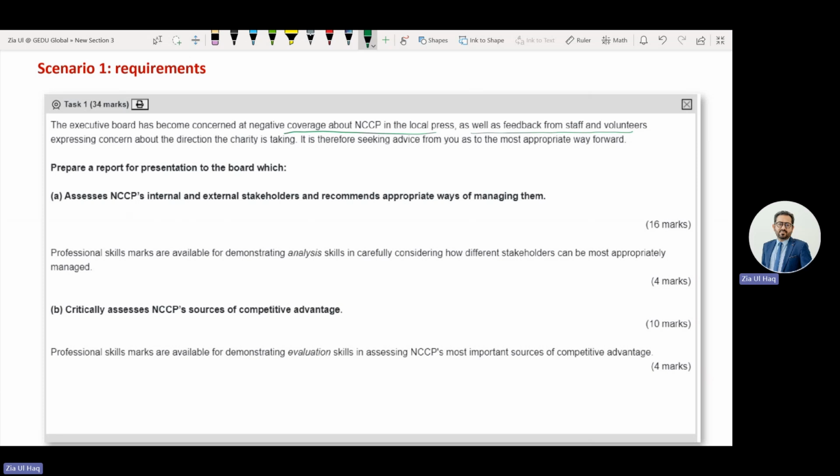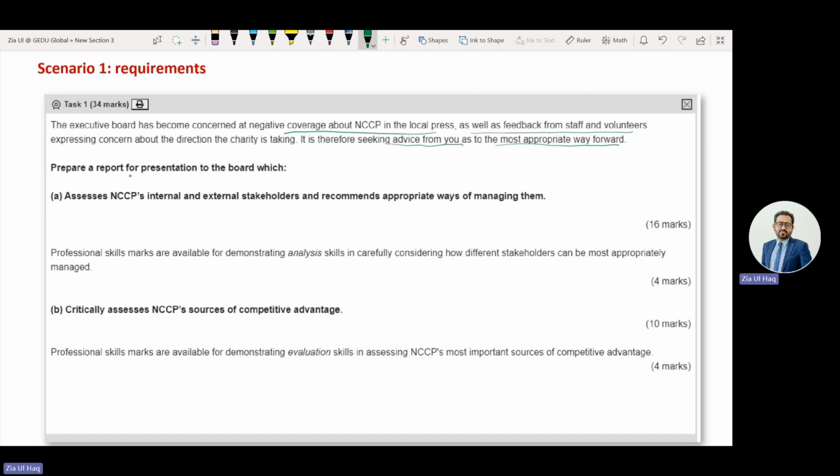Some staff members don't want to continue with the company. Some were unhappy, especially with the management style, expressing concern about the direction the charity is taking. It is therefore seeking advice from you as to the most appropriate way forward.